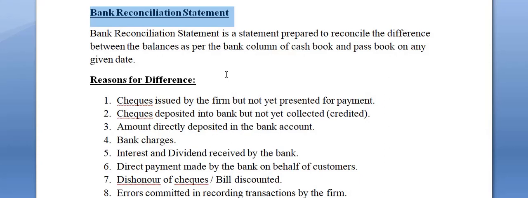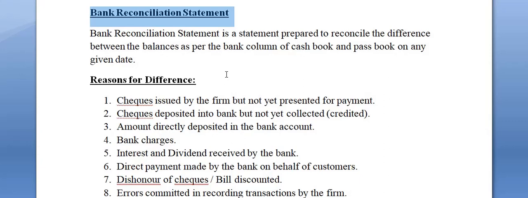To reconcile that difference, just to make sure why these differences are coming, they prepare a statement known as bank reconciliation statement, just to establish the inference between the differences in the balance of cash book as well as the passbook.